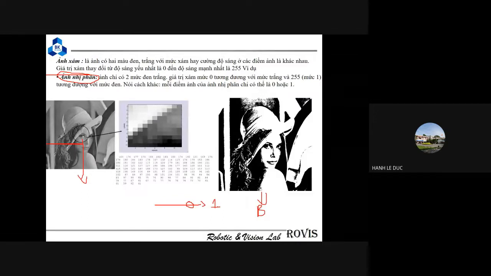Normally we will change the image to the binary image for image processing, because processing the binary image is very fast, since it is just 0 and 1. So this is some information about the image: binary image, RGB image, and grayscale image. We have 3 kinds of image.